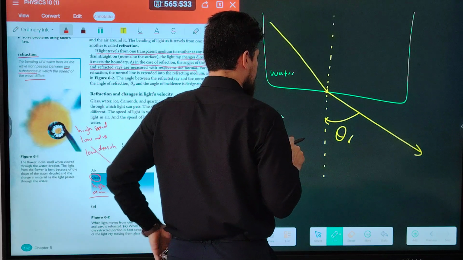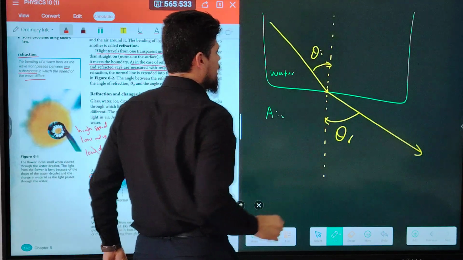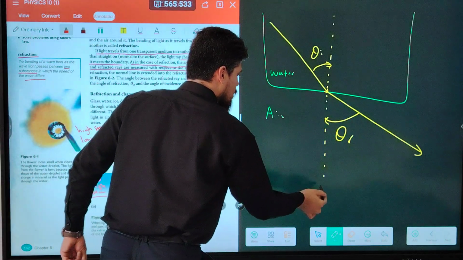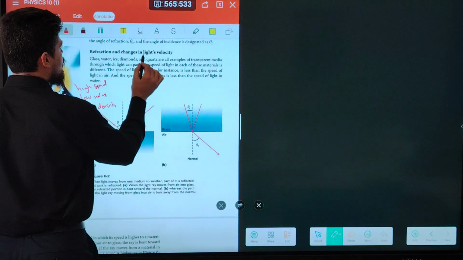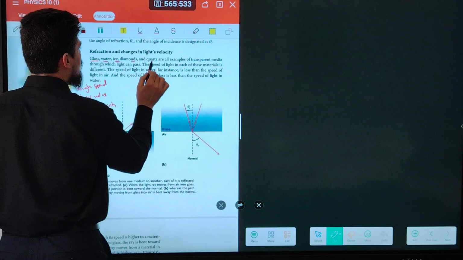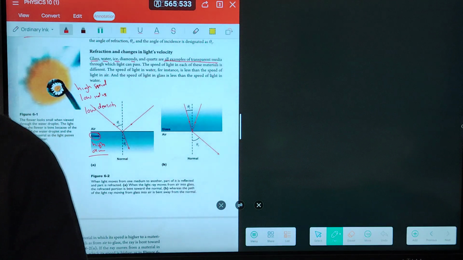Sorry, this is the angle of refraction, and this is the angle of incidence. Is it clear? The angle between the refracted ray and the normal is the angle of refraction. Refraction changes light's velocity. Glass, water, ice, diamonds, and particles are all examples of what? Transparent medium. Okay?